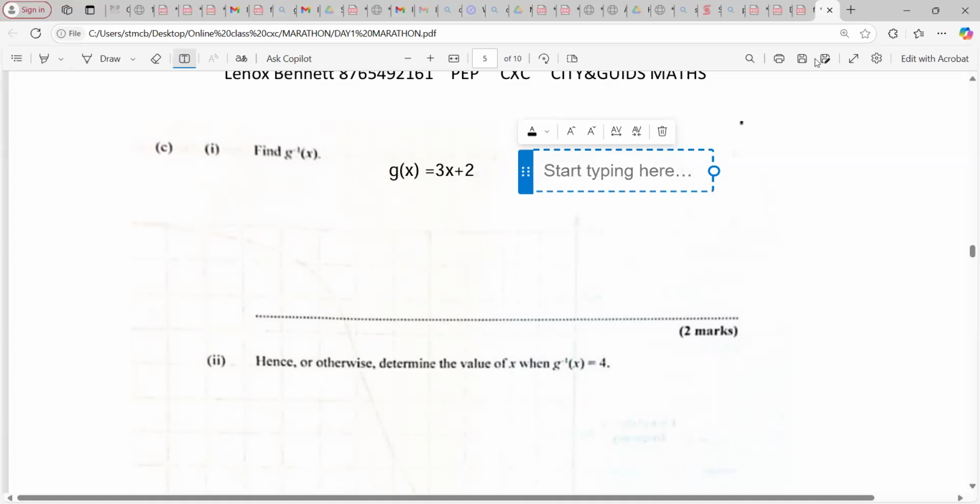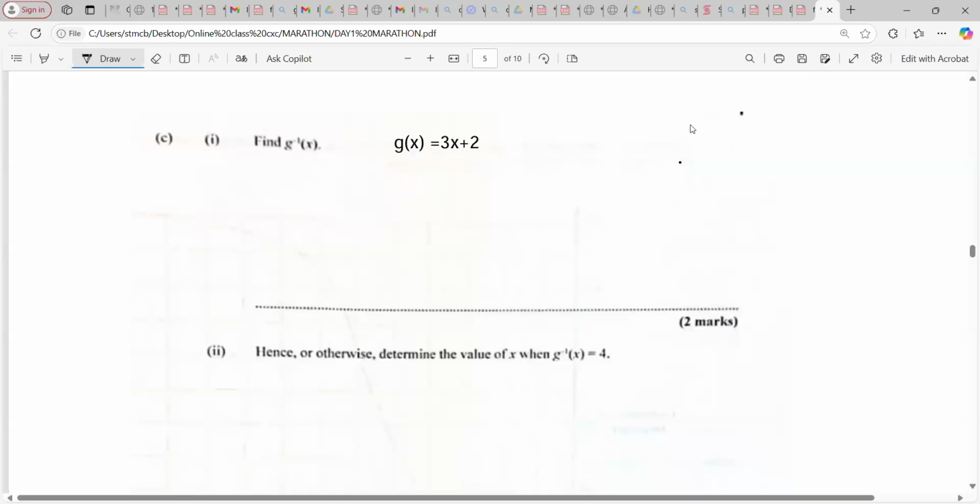I'll lead you along the way, guys. First thing you want to do when you find the inverse of a function: you change the function to y. So I'm going to do it the long way. So y equals 3x plus 2.